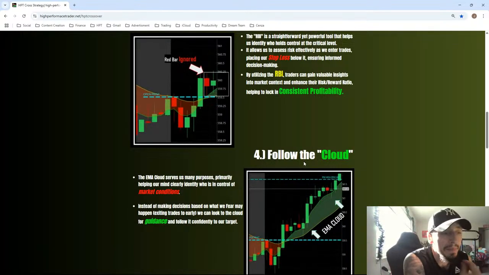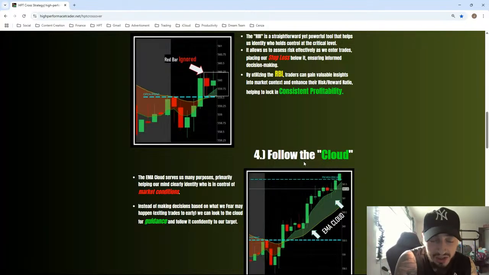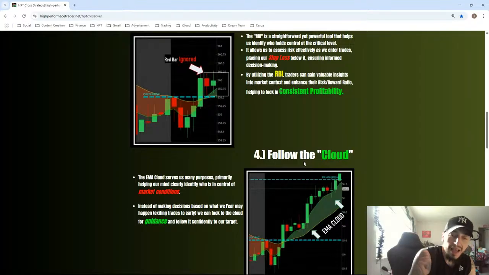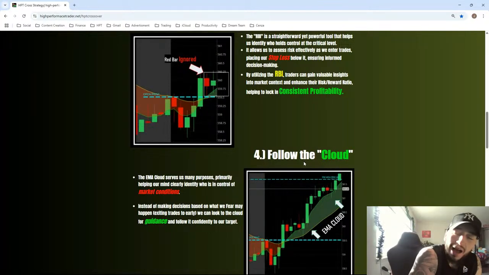Because one of the main reasons why traders don't do well is because they jump from strategy to strategy, right? One day they trade supply and demand. The next day they trade breakouts. The next day they trade reversals. The next day they trade this. And it's just like being a farmer, right? If you were a farmer and you planted apple seeds, and then the next day you went and dug them up and put in new pumpkin seeds, and then you waited maybe 3, 4, 5 days, and then you were like, no, you know what?